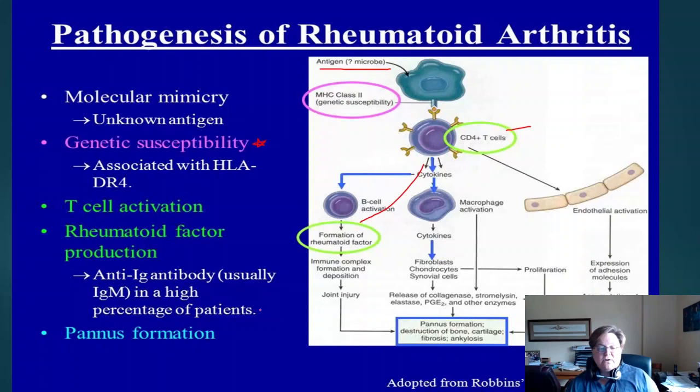In rheumatoid arthritis, we see IgM as the key problematic agent, and then pannus formation is what results, which is a destruction of bone, cartilage, and fibrosis within the joints.